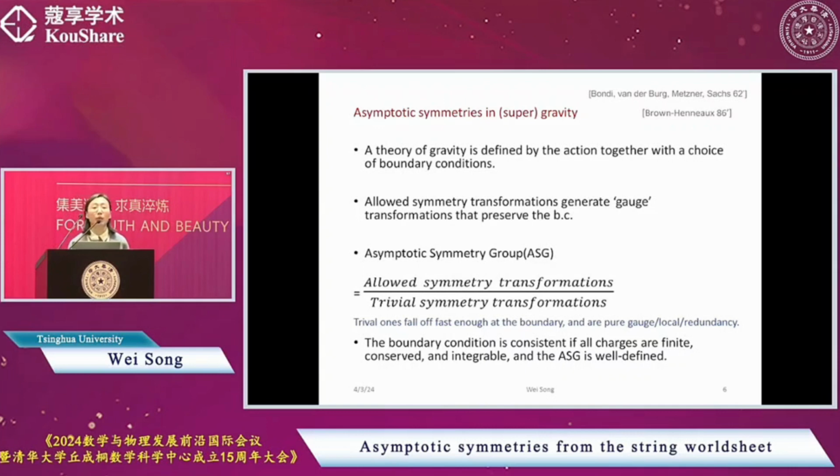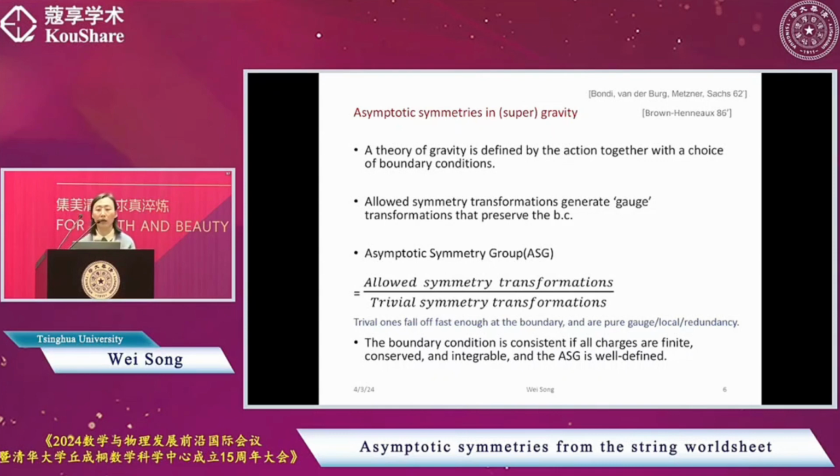So this asymptotic symmetry group is given by all the allowed symmetry transformations. In the case of pure gravity, it's the diffeomorphisms that preserve the boundary conditions that you choose, modded out by the trivial ones that vanish very fast near the boundary.